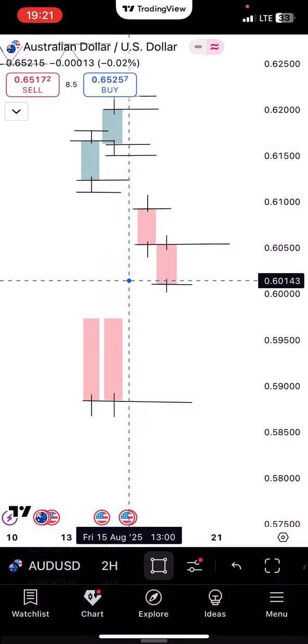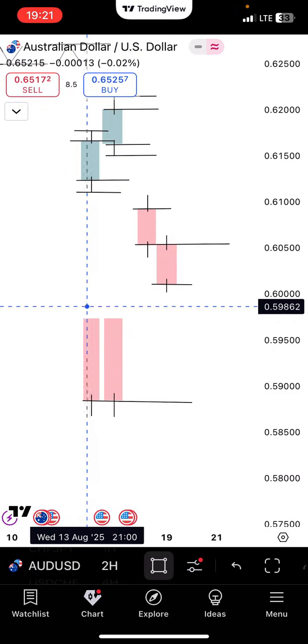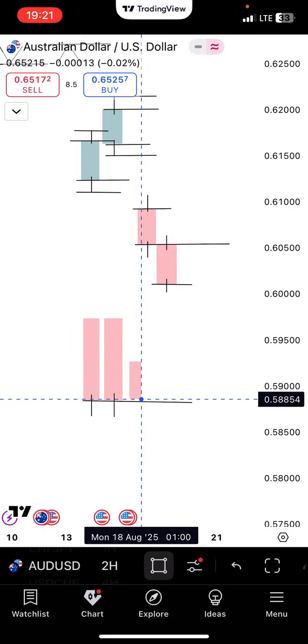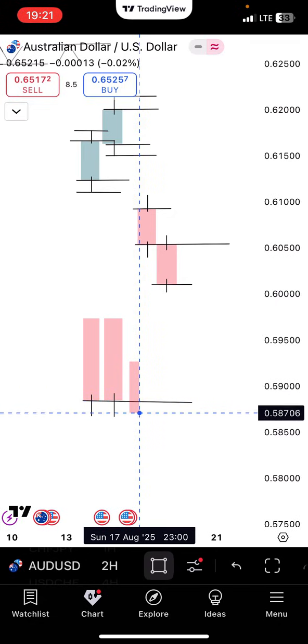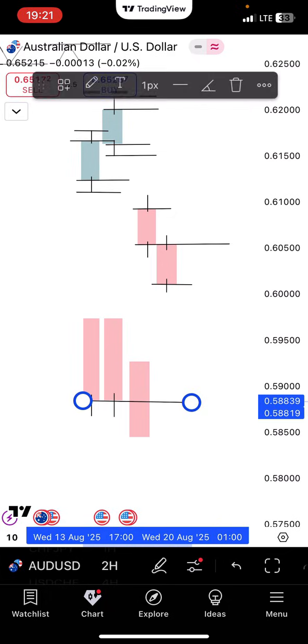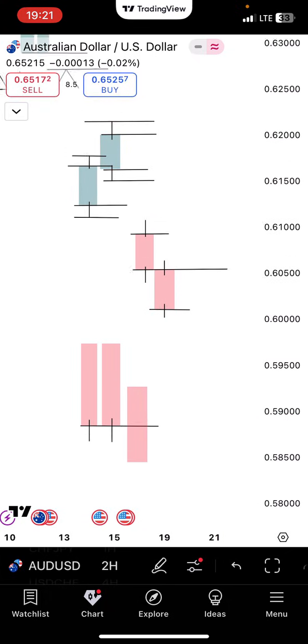So this V-shaped key level, forget the color of the candle. Let's assume this place is a V-shaped key level. Instead of the market to come here and respect this place, the market will invalidate it. So this is what we call the invalidated V-shaped key level.